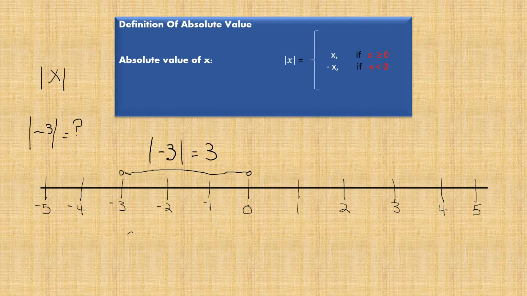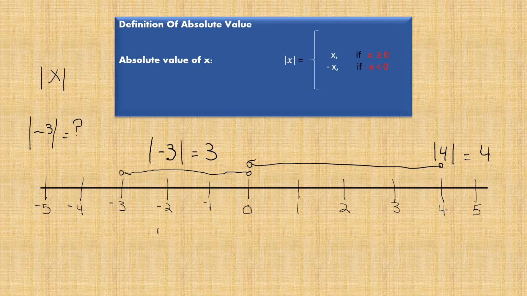So what is the absolute value of 4? Well, we should already know this. How many units is it from 0? Should be 4 units, right? One, two, three, four. So the absolute value of 4 is 4. How about the absolute value of -2?